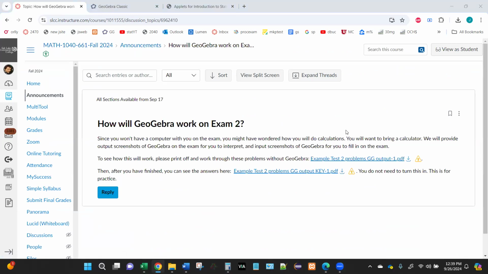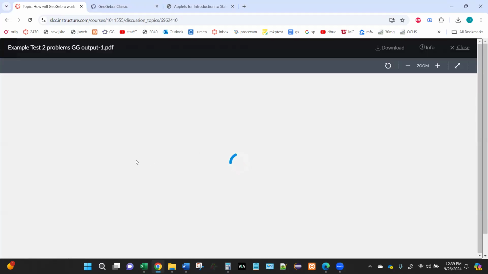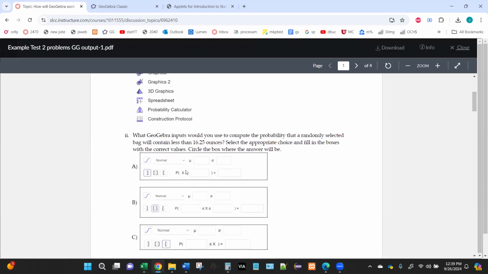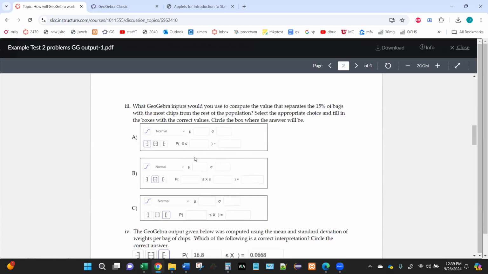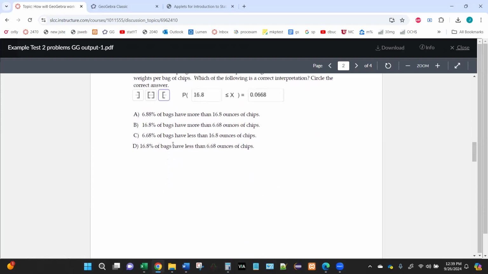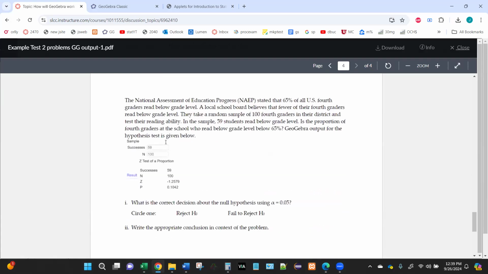I'm running a little bit low on time here, so I'm not going to have time to talk with you about this too much. But go through this document. It gives you example problems of what to expect on exam 2. So basically, you'll be filling in blank GeoGebra diagrams, and then you'll have some GeoGebra output that you'll be interpreting.